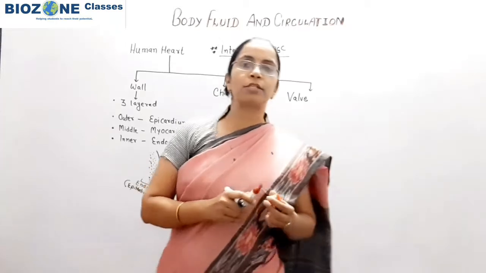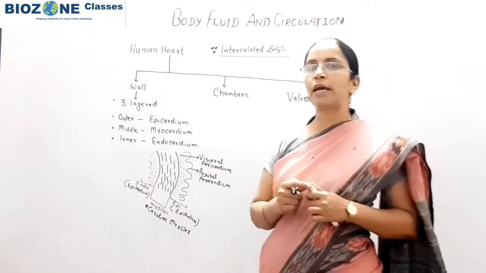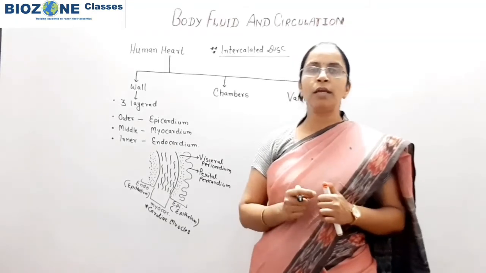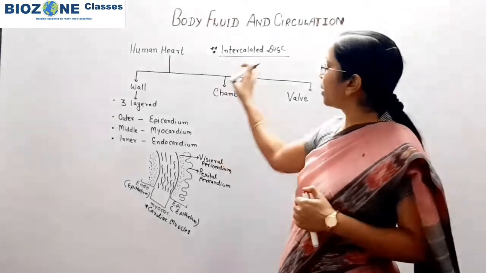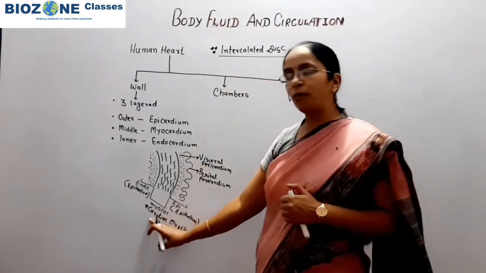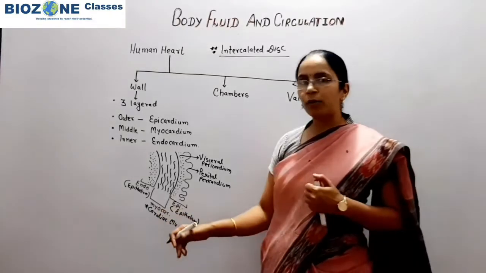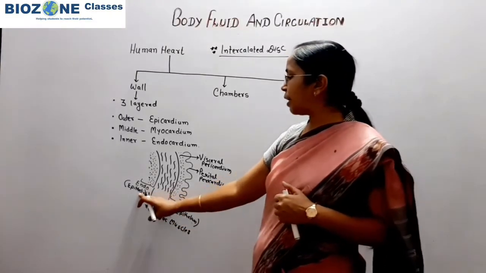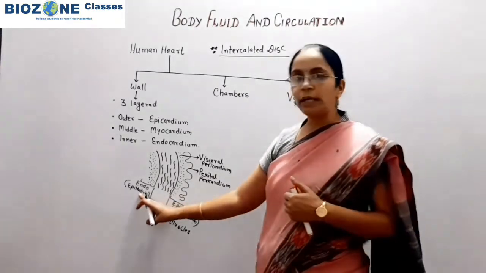Secondly, cardiac muscles are called mixed muscles because functionally they are similar to involuntary and structurally they are similar to voluntary muscles. So intercalated discs, where will they appear? They are present in cardiac muscles, that is in myocardium. And again the endocardium is made up of epithelium cells.